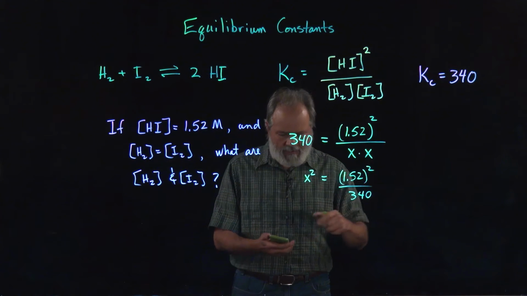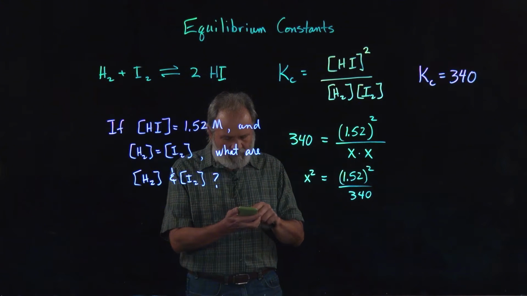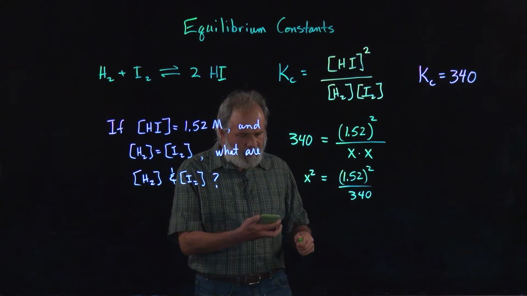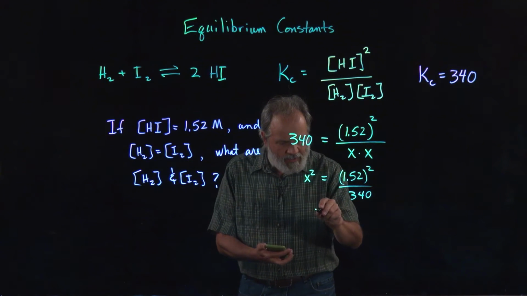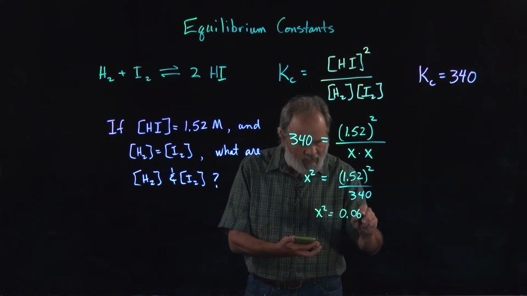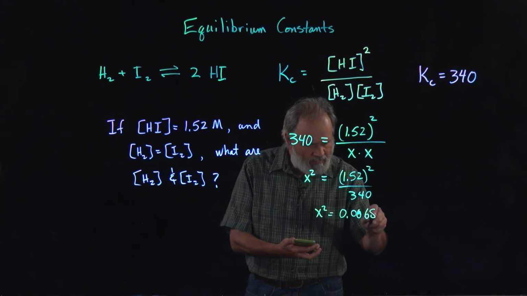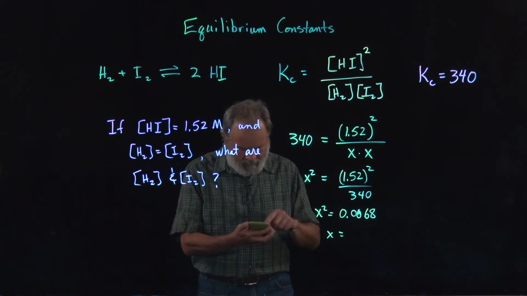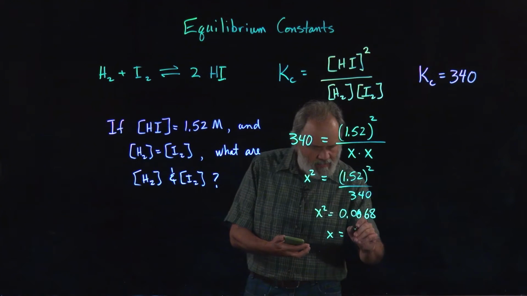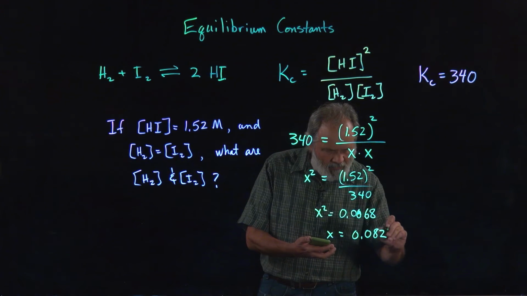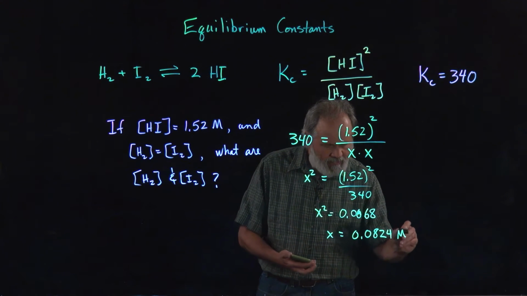I'm going to get a number here. And it's x squared equals 0.0068. And then x is the square root of that, 0.0824 molar, right?